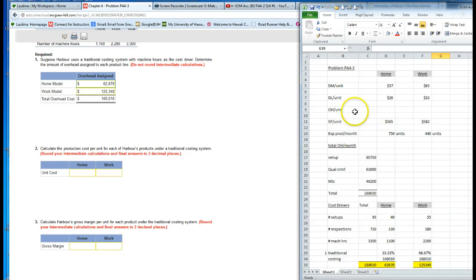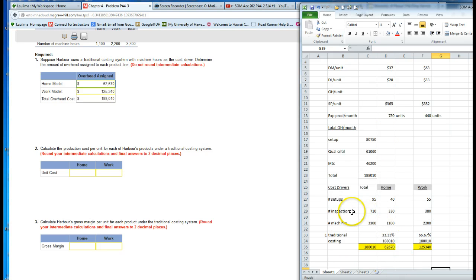And then to get the per unit amount, we use expected production per month. Remember that this overhead estimate, 188,010, is per month.